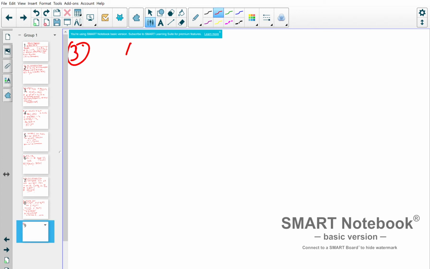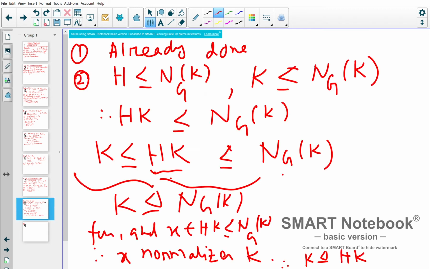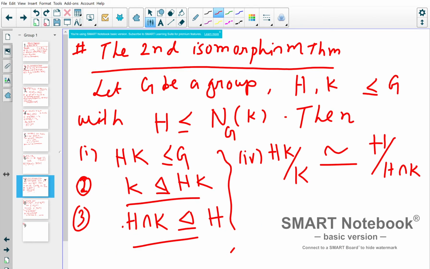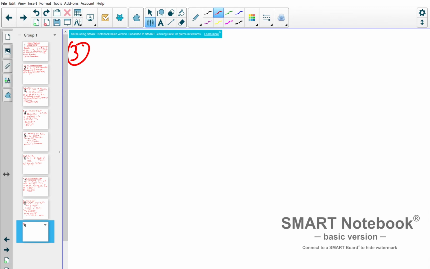So you need to prove that, let you choose two elements. So let me choose small h belongs to H, and say h dash belongs to H intersection K, right?